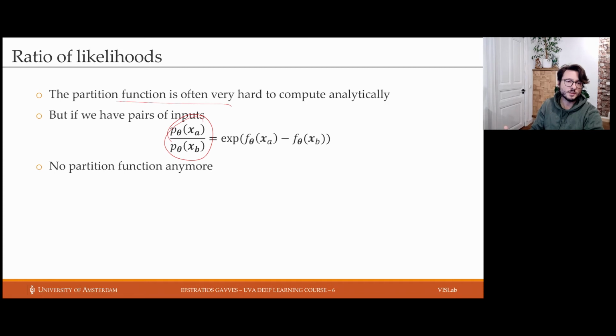The reason is that the partition function is the same for all inputs. No matter what the x is, the partition function will be the same. Whenever we don't need to compute the partition function, we can drop it like that. So, for instance, in the ratio of likelihoods, we don't really need it. It gets cancelled out. We have no partition function anymore, so that works fine.